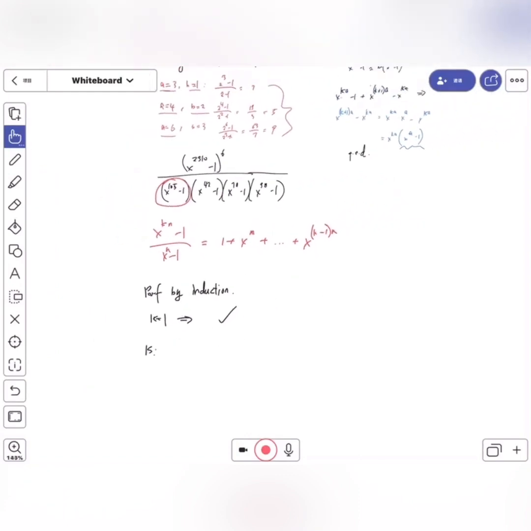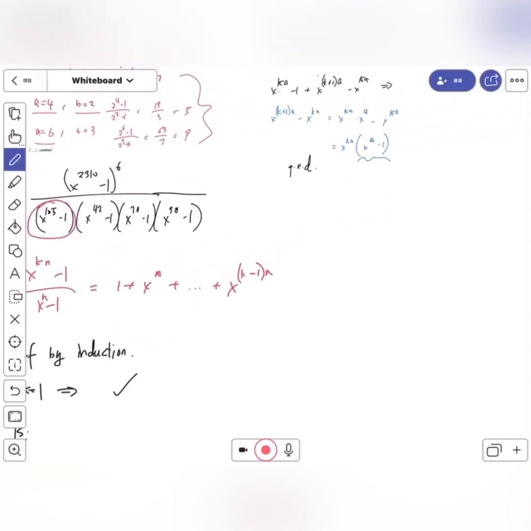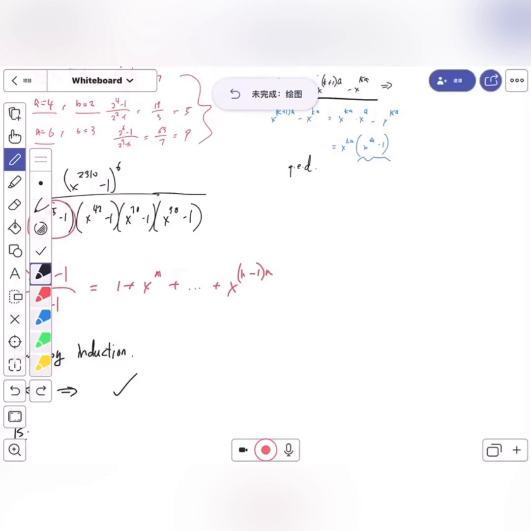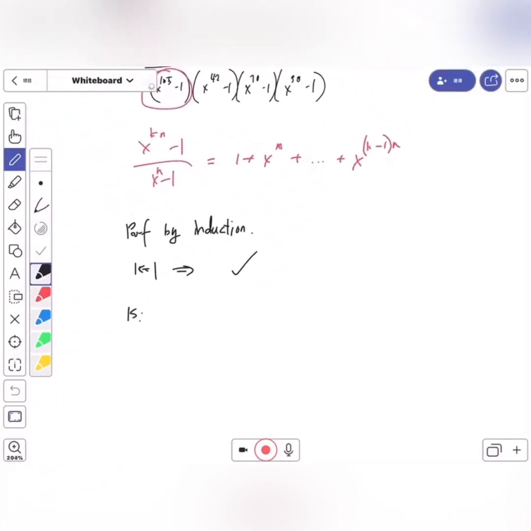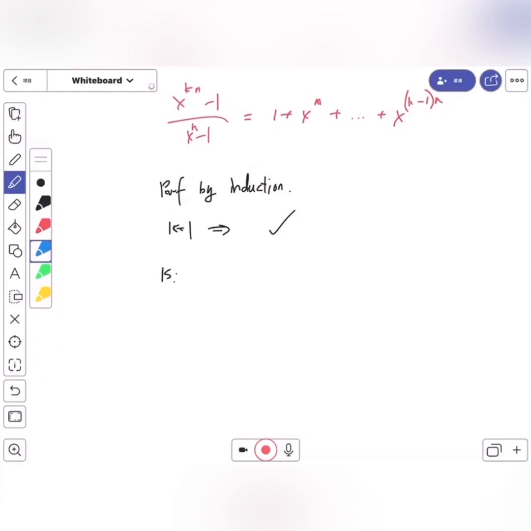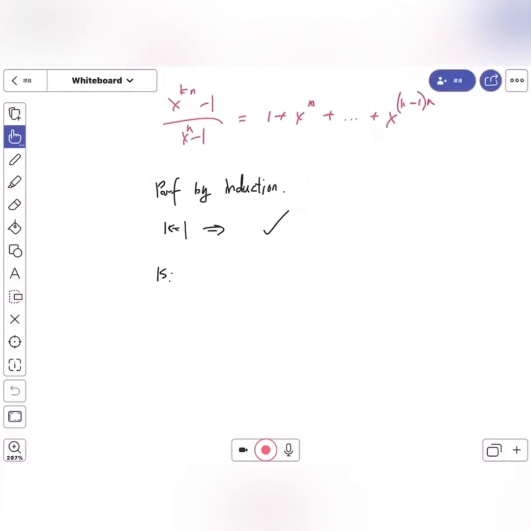From our previous claim, whenever we divide the new term here by x to the a minus 1, we're going to get x to the ka. So basically, every time we're just going to add a new term, which is x to the ka, when we divide x to the (k plus 1)a minus x to the ka, from our claim that we just proved right here.